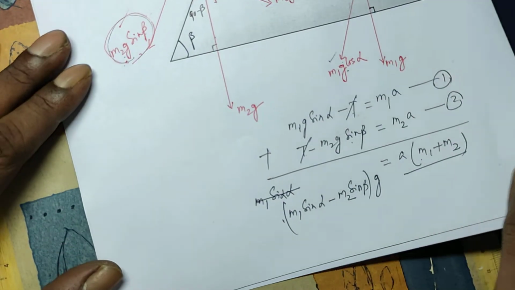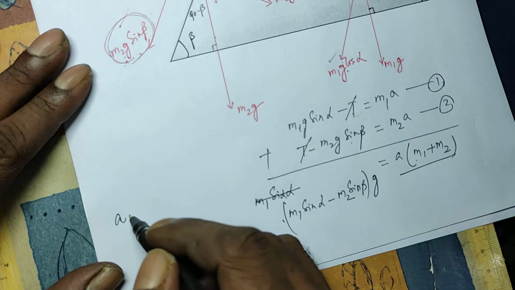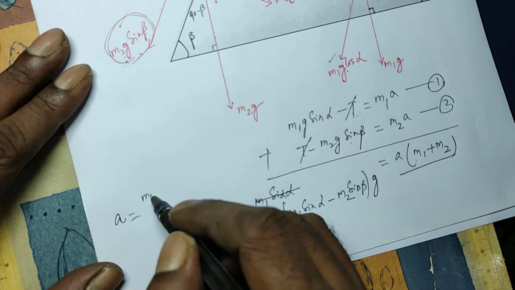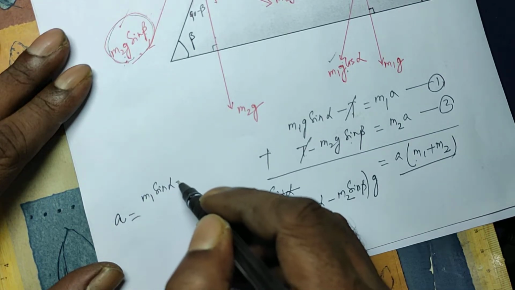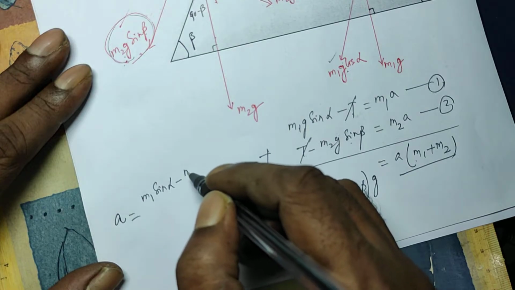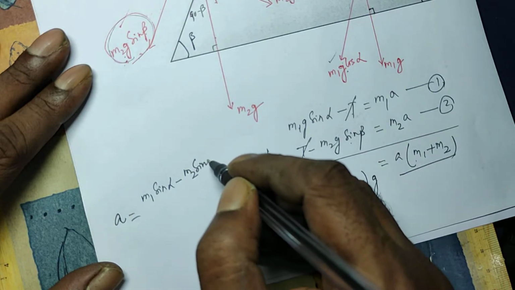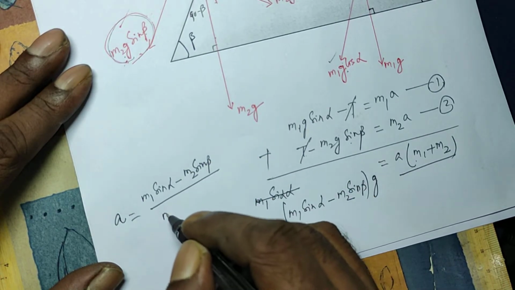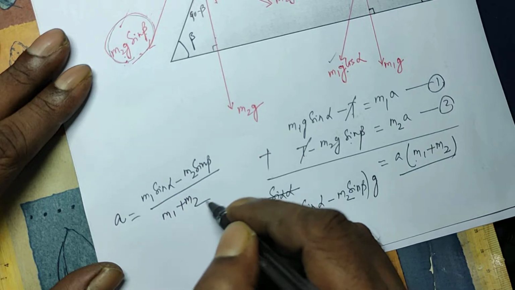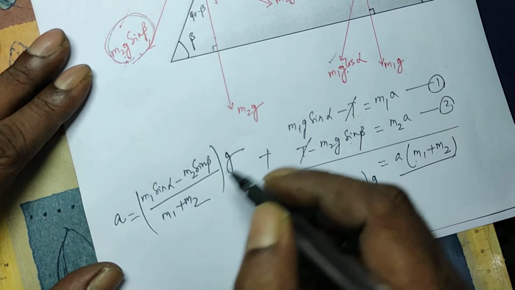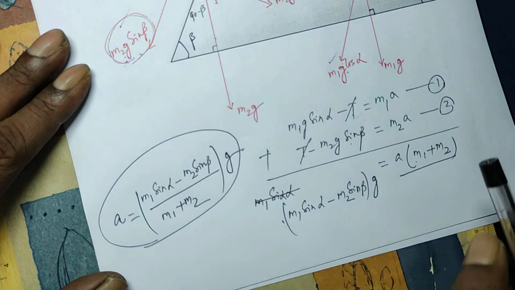So your acceleration becomes M1 sin alpha minus M2 sin beta over M1 plus M2, whole times G.